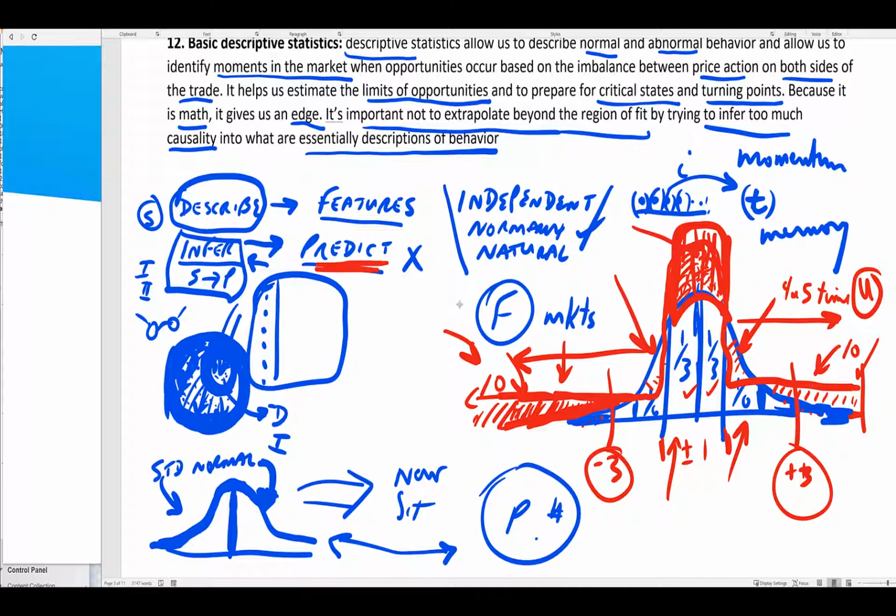So one of the things that we're careful to do then is only to use statistics to describe current conditions, but without using it to try to predict what's going to happen.